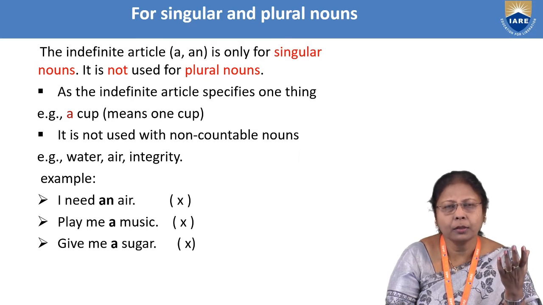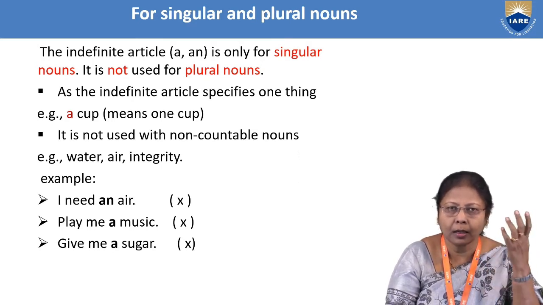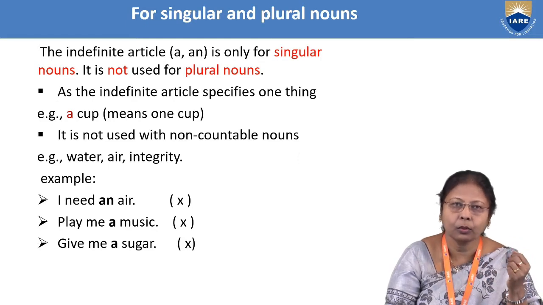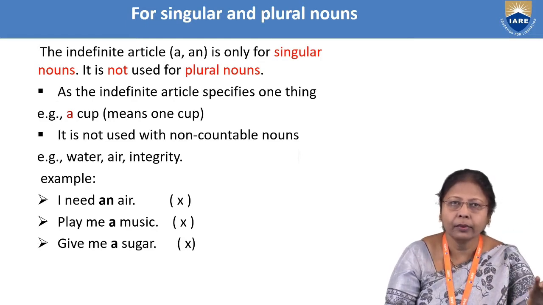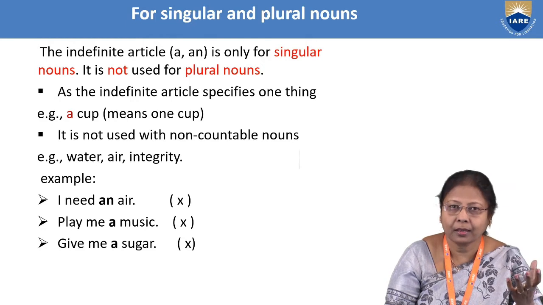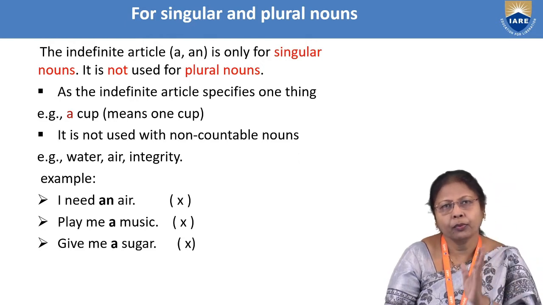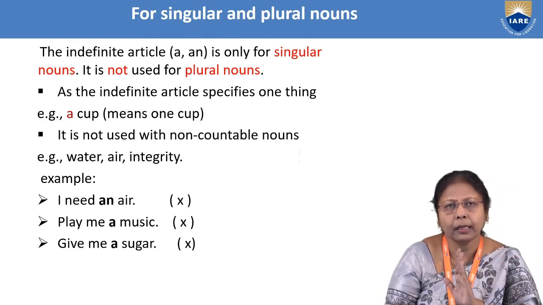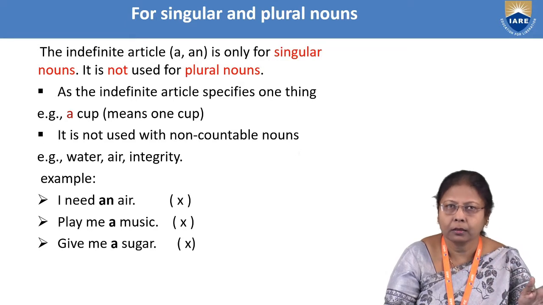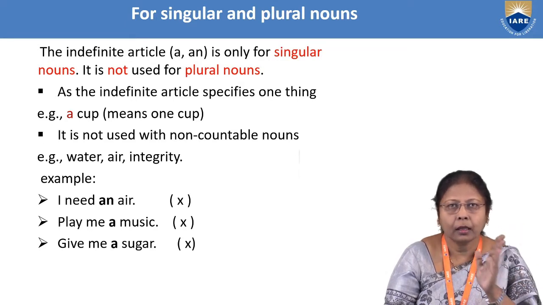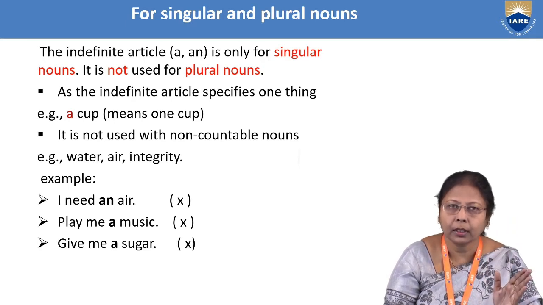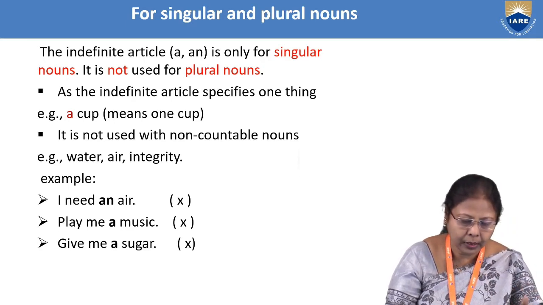So all these we cannot count. Stars we cannot count. Sand we cannot count. Air we cannot count. Water we cannot count. Music we cannot count. So before these, we need not put any of the articles, whether it's a or an or the, whether they are definite or indefinite articles. So we should not use any article.